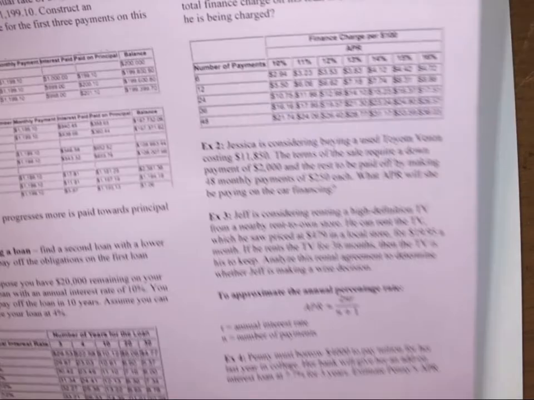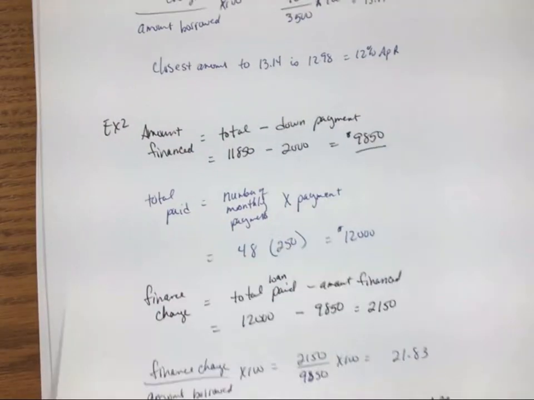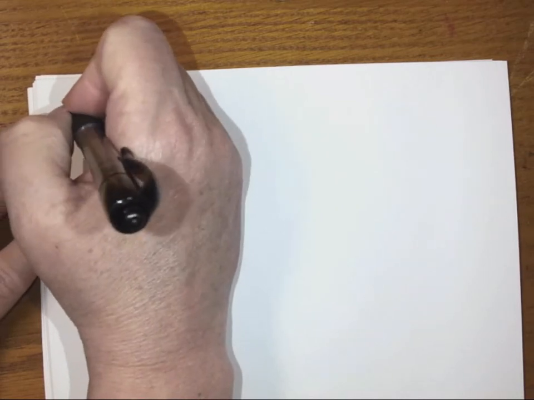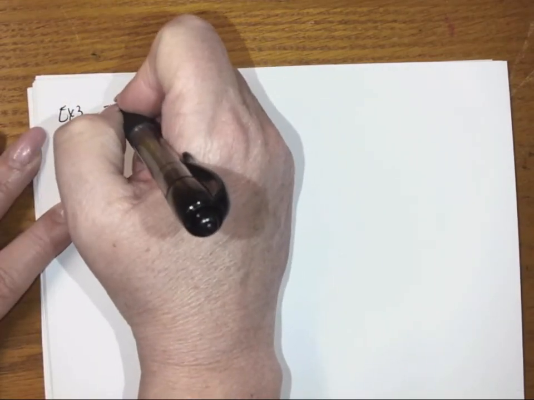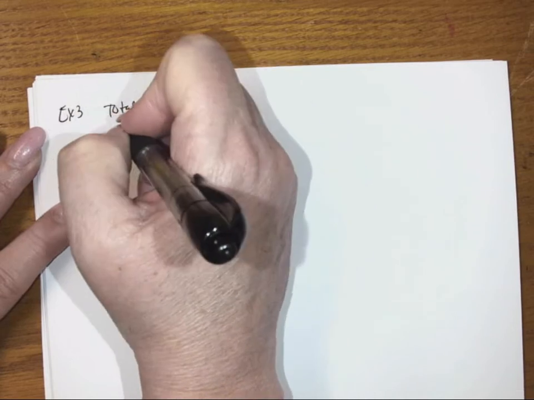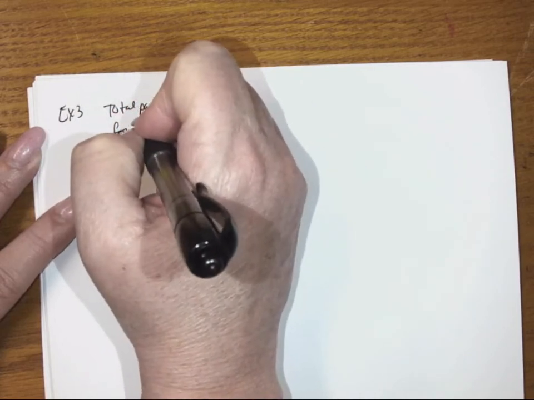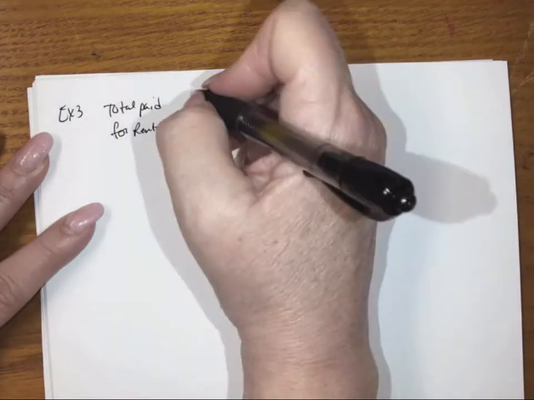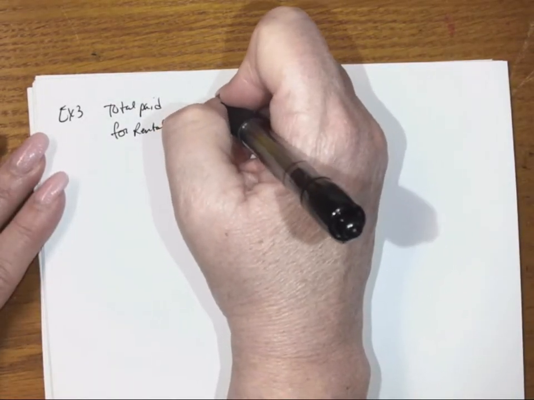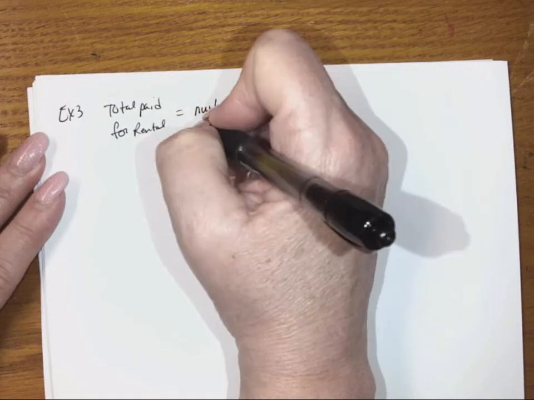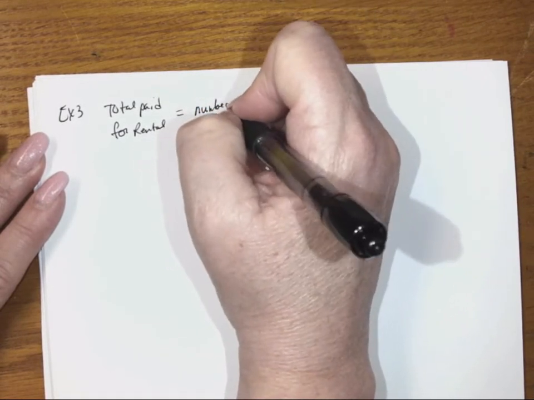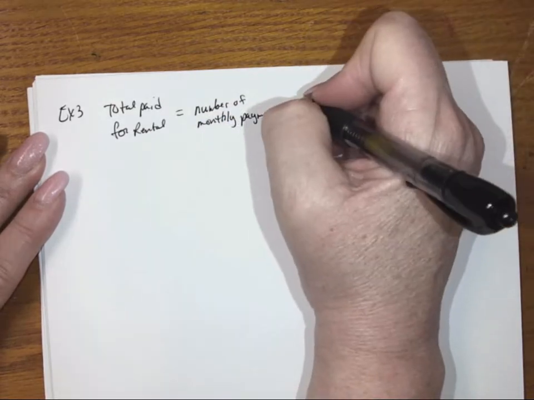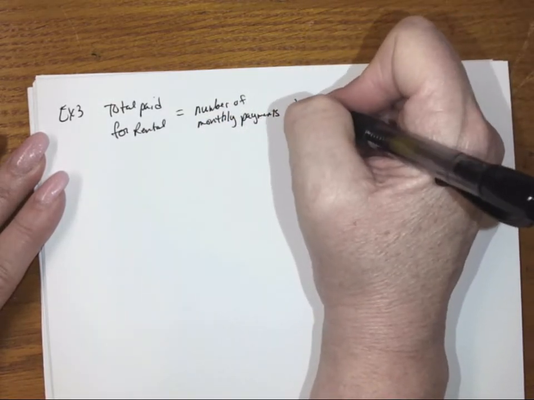So the total paid for our rental, this is example 3. So the total paid for the rental will be equal to the number of monthly payments times the payment.